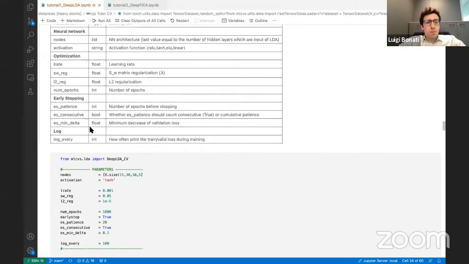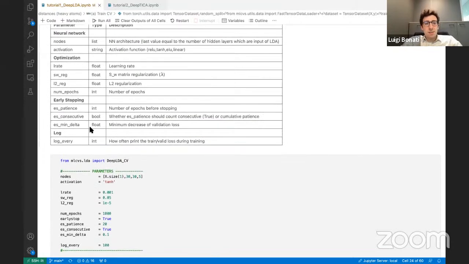Just to remember, what we're doing here is training a neural network in order to optimize the discrimination of the states. And how do we do this? We do it by using the Fisher discriminant ratio as a loss function.